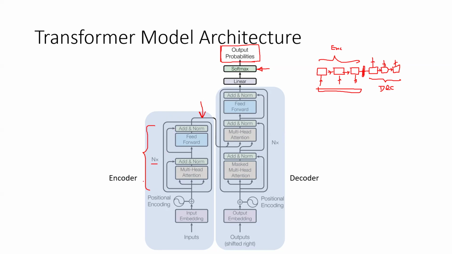In this diagram we have only displayed a single encoder, but there can be multiple encoders stacked one over the other, something like this. First encoder, second encoder, third encoder, and so on. Right? N times encoders, and this final output is given to the decoder like this.